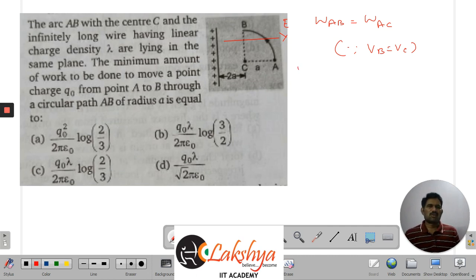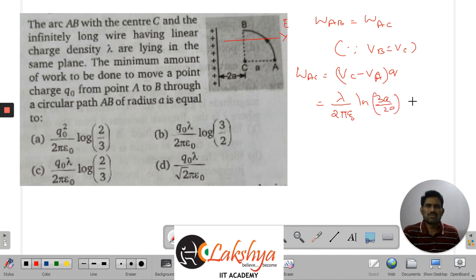Now the work done along AC, we can write as final potential minus initial potential, into the charge. This potential difference we already derived for this line of charge. The potential difference is lambda by 2 pi epsilon naught into ln of r2 by r1, which is nothing but 3a by 2a, into the charge, which is given as q naught.